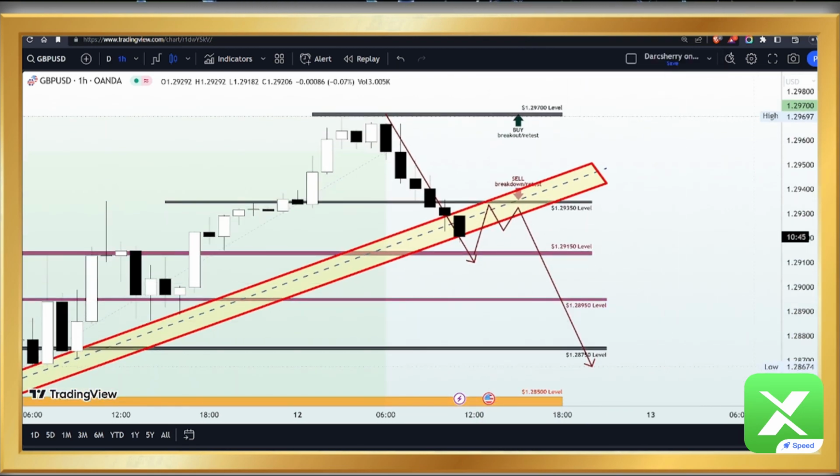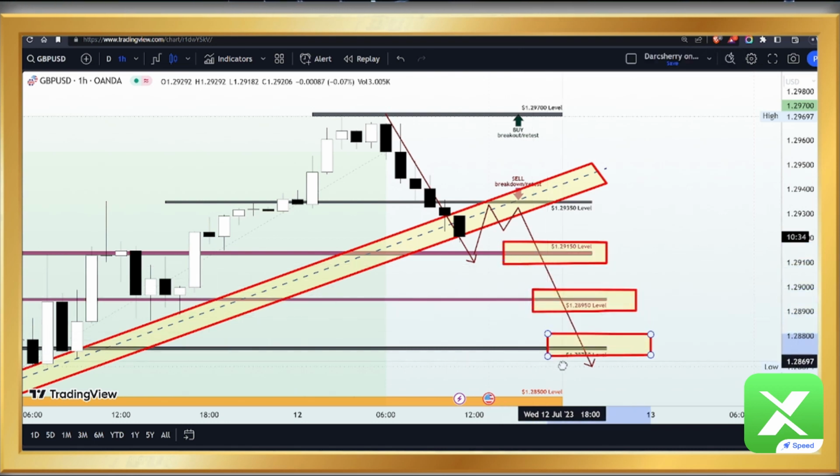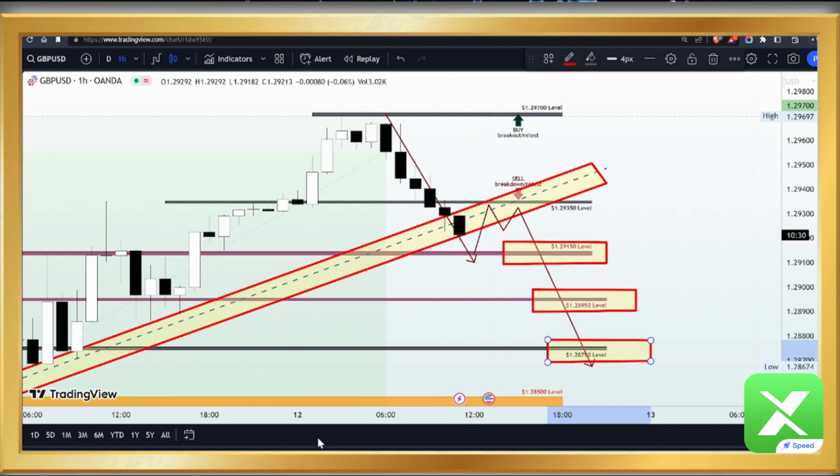And in fact, we have structures, we have levels here that we can use to maximize the potential of this bearish move to the downside. So if price breaks down and retests the structures, we are definitely going to be adding more position to our existing trade. So this is what we are going to be looking at this point in time to sell the GBPUSD.